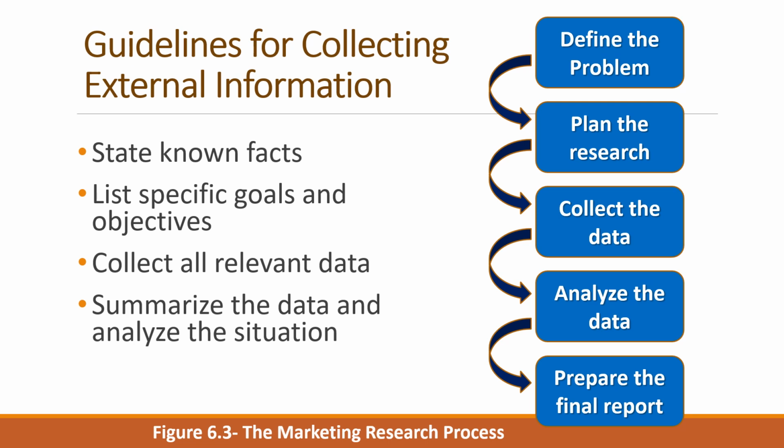Until you do that and develop a plan, you can't start looking for data. The third step is the collection and analysis of the information from external sources, and then finally the preparation of your report. But the key here is to know specifically what your goals and objectives are so that you can collect relevant data.